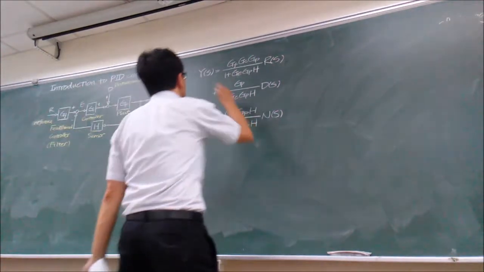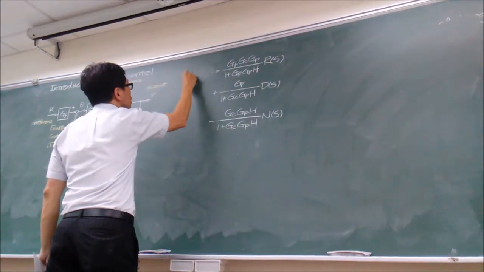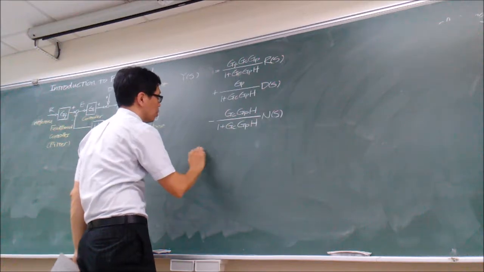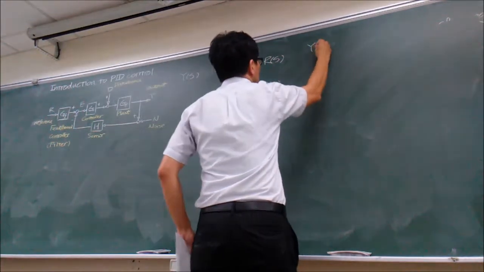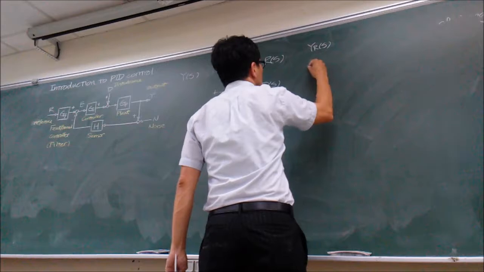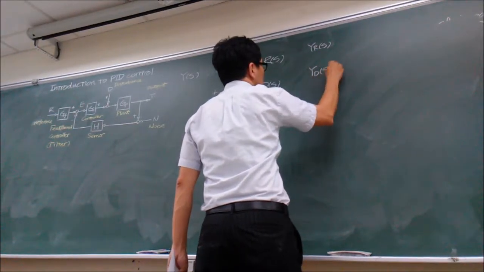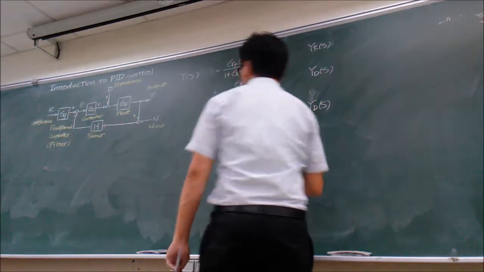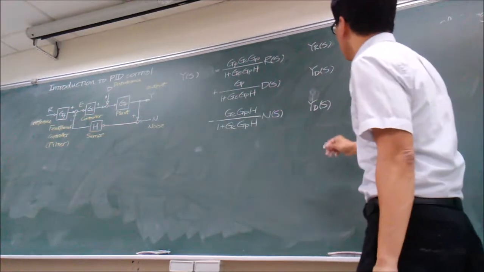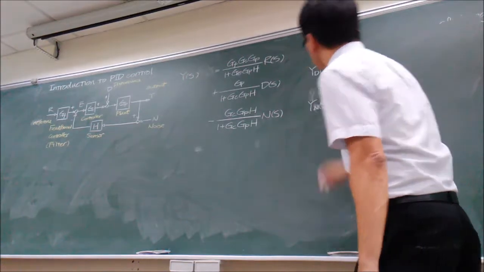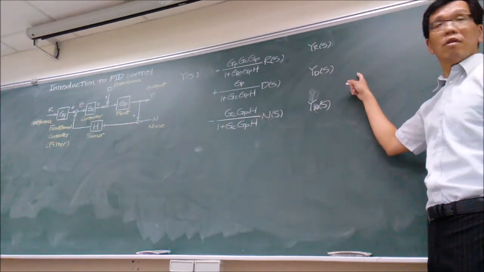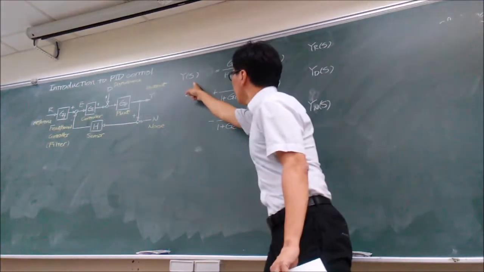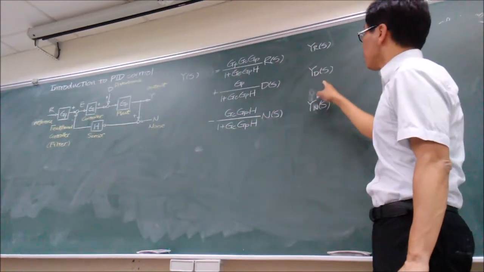Over here, it is going to be like this, but you can also consider this one as... so I have 3 outputs. Since I have 3 inputs, I'm going to have 3 outputs. The overall output is going to be a combination of this one, and this one.